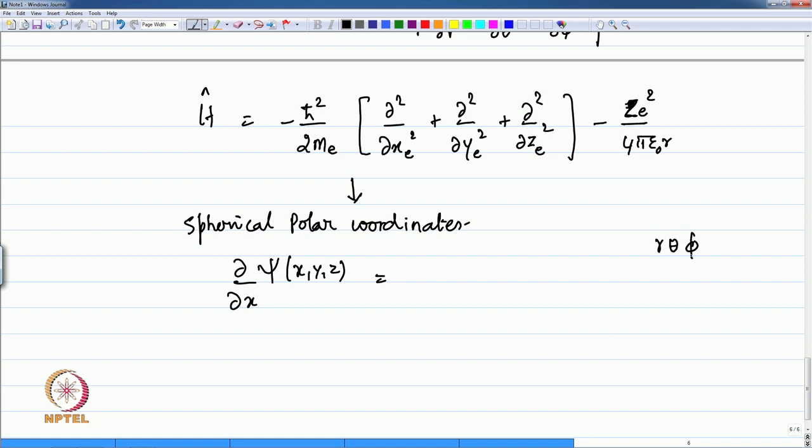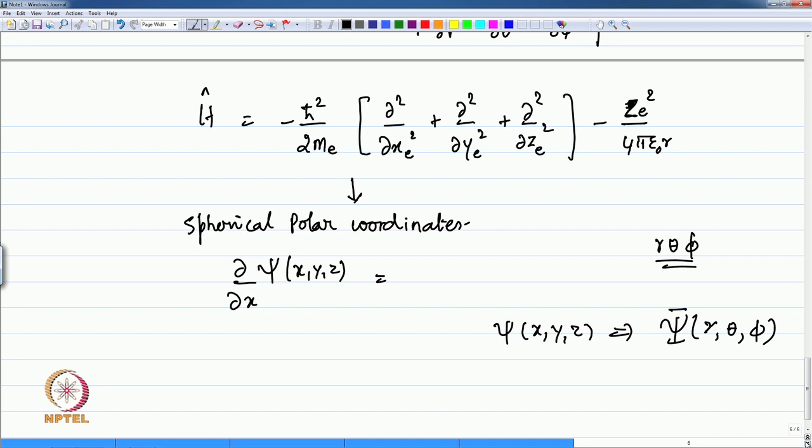If we have to express psi in terms of r theta phi, the derivatives are expressed using the partial derivatives of the coordinates with respect to the new coordinates. So, for example, dou by dou x of psi, if you wanted to write the appropriate wave function in polar coordinates, namely psi of x, y, z, is replaced by the corresponding substitution of x, y and z using r theta phi.